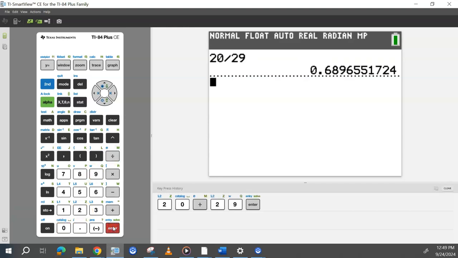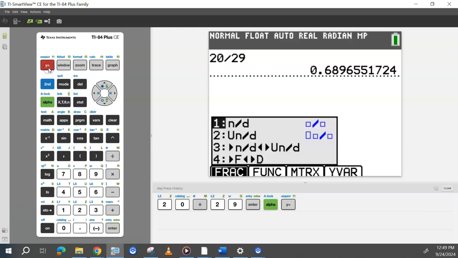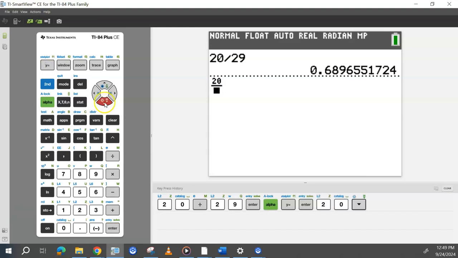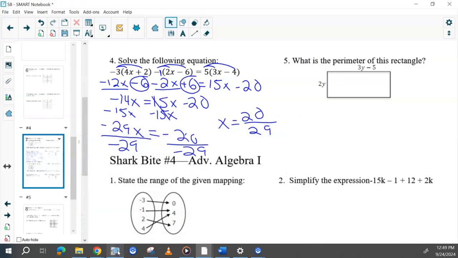It's going to give you some not nice decimal, and if I try to simplify it, it doesn't simplify. So leave it as a fraction. Other questions on that one? Is it equals? It was, but the negatives cancel.